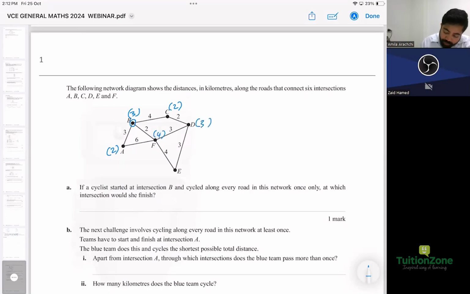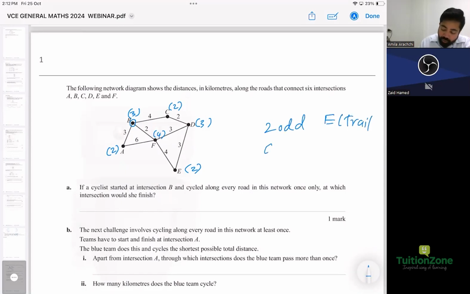This is 3, and this is 2. So what do you call this? We do have two odd. Anyone? What do you call this one? Eulerian trail, isn't it? Because we have only two odd degree vertices. So two odd means the Eulerian trail.